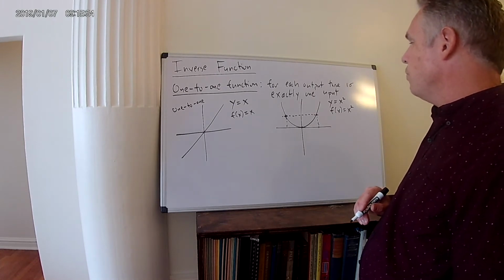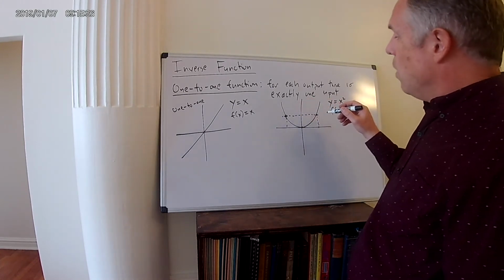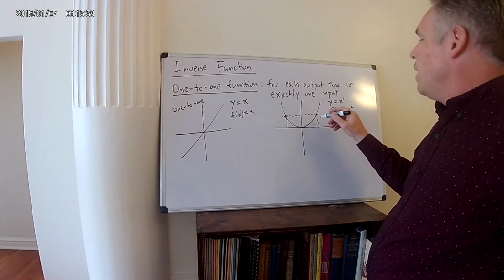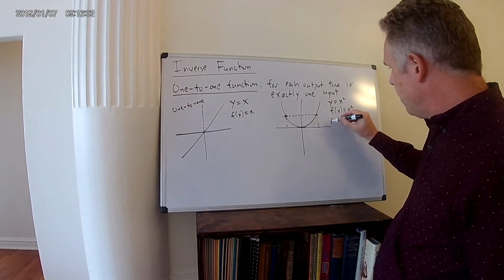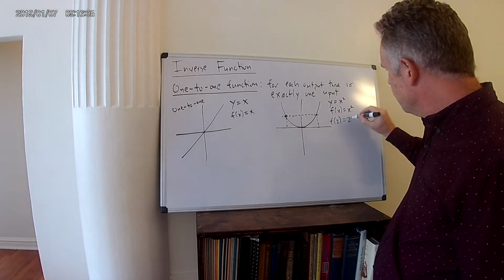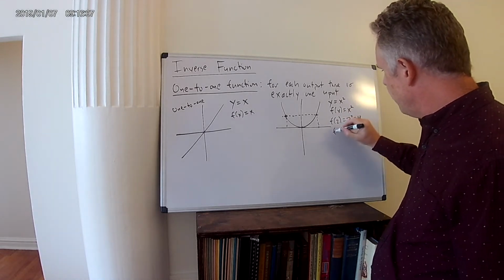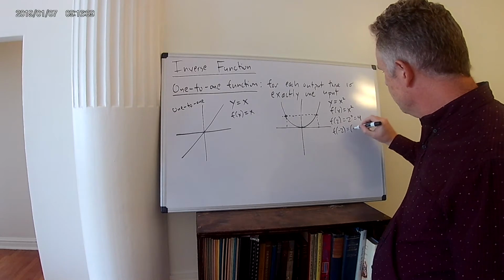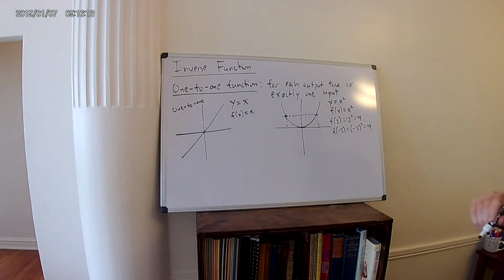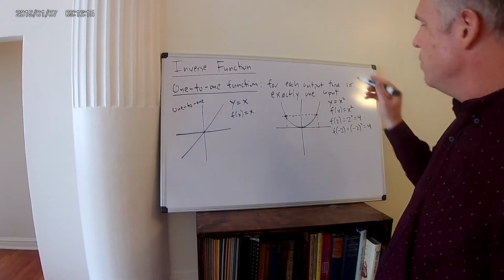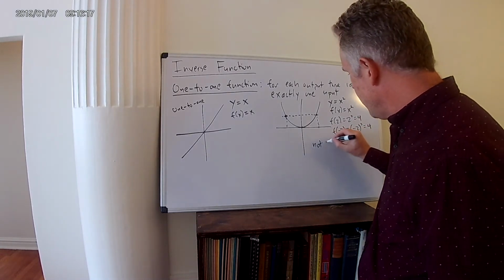There are two ways you can get y equals 4. You could plug in 2 and square it, so f of 2 equals 2 squared equals 4, or f of minus 2 equals minus 2 squared equals 4. So there are two values that give you 4, plus and minus 2. This is not a one-to-one function.